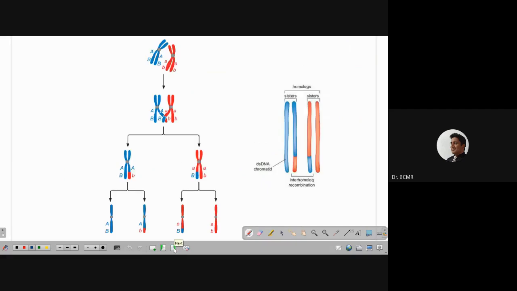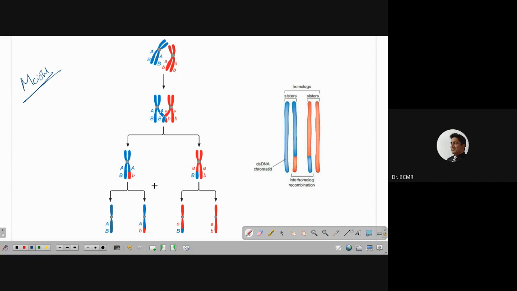Now we will see about this. We will not discuss much because we have spoken about it more. It's about meiosis. We have spoken about exchange of DNA. This is about eukaryotes.